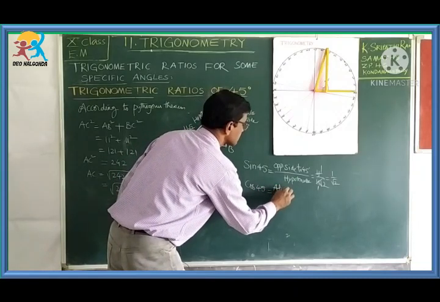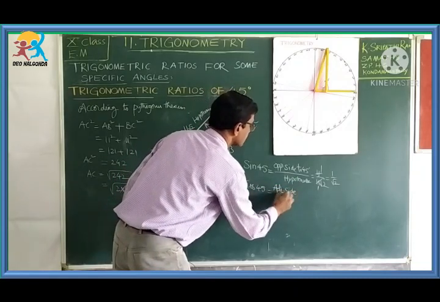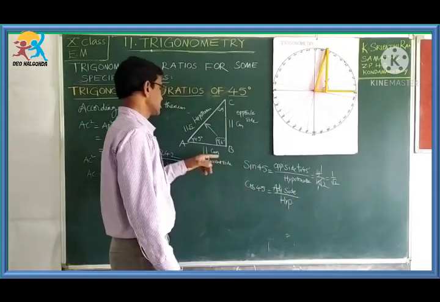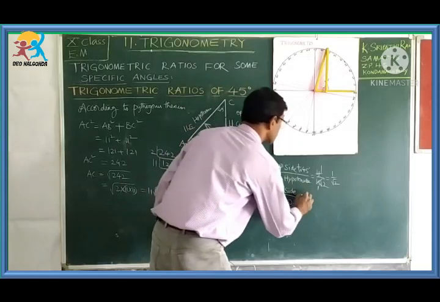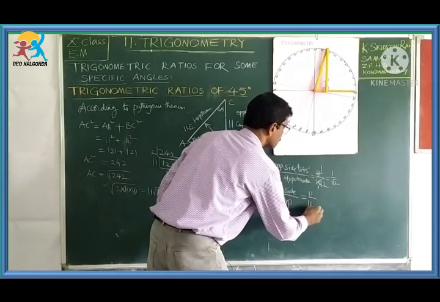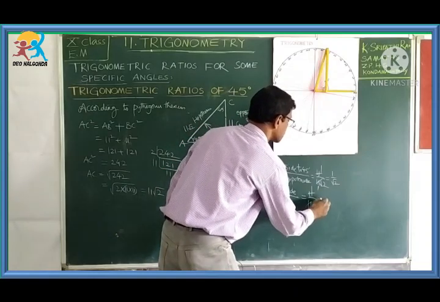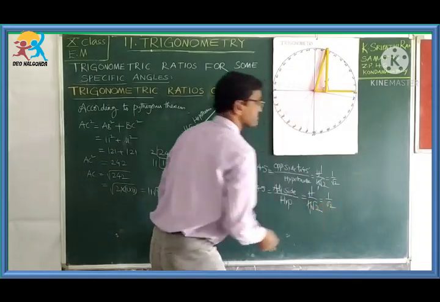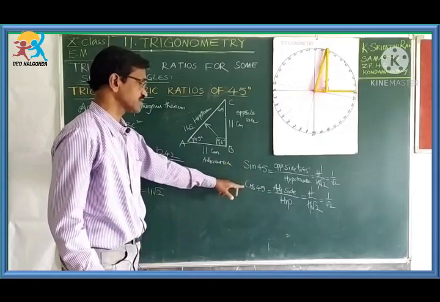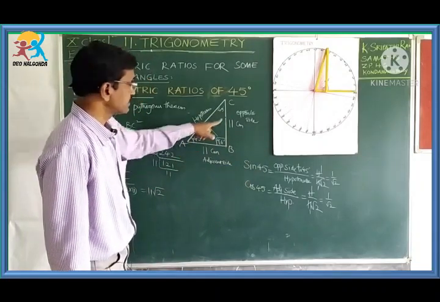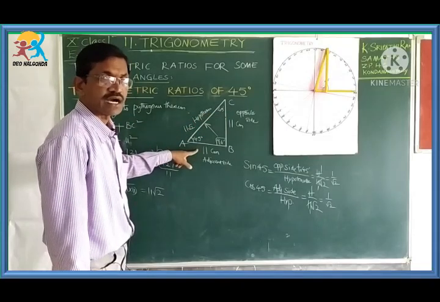Similarly, cos 45 is adjacent side by hypotenuse. Here the adjacent side is 11 and hypotenuse is 11 root 2. Again we cancel it, we get 1 by root 2, the same. Sin 45 and cos 45 are the same because the lengths of the opposite side and adjacent side are equal.